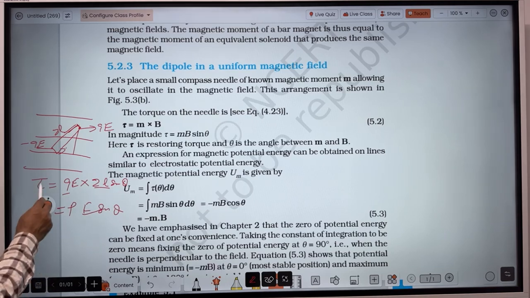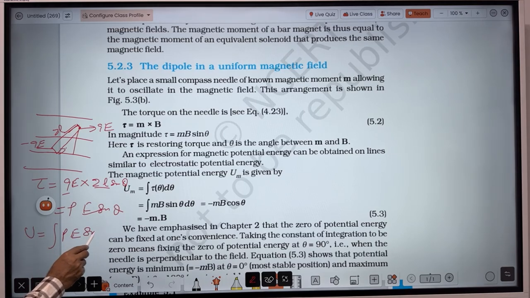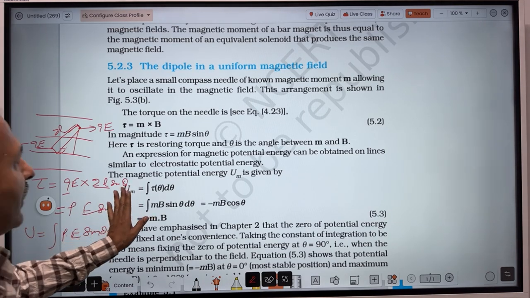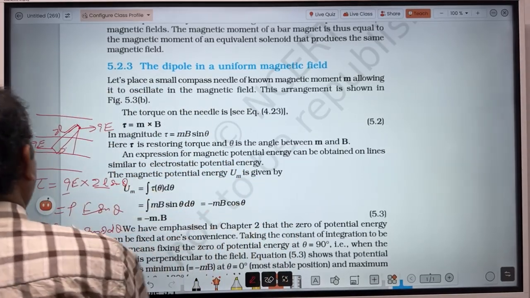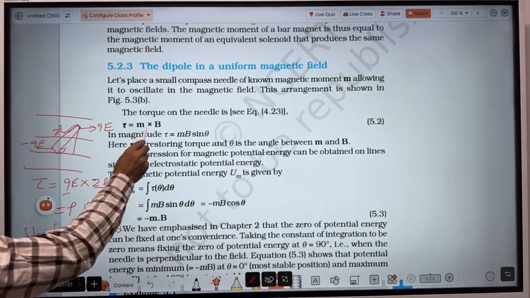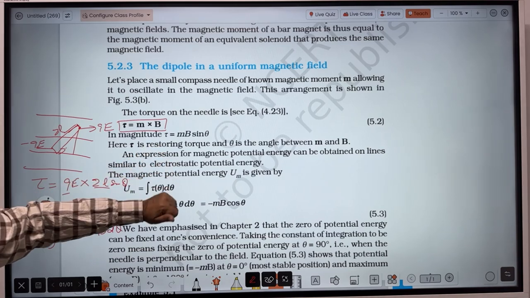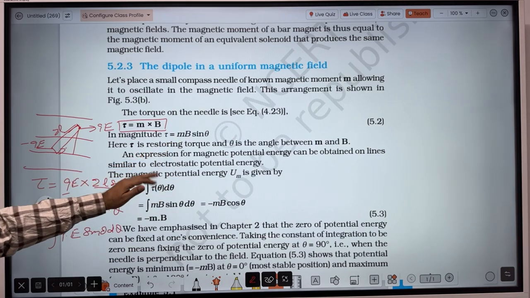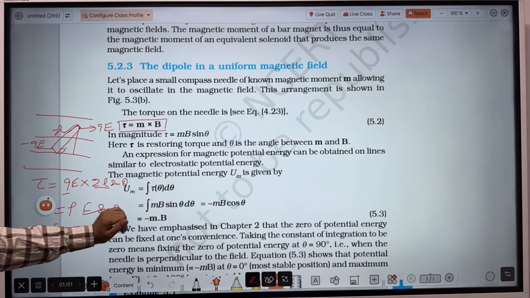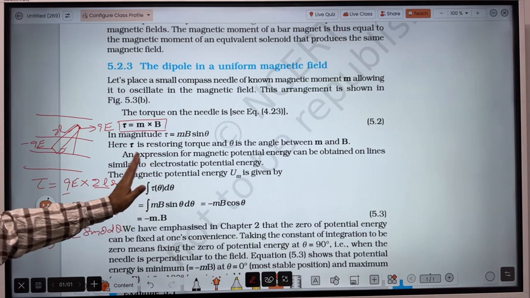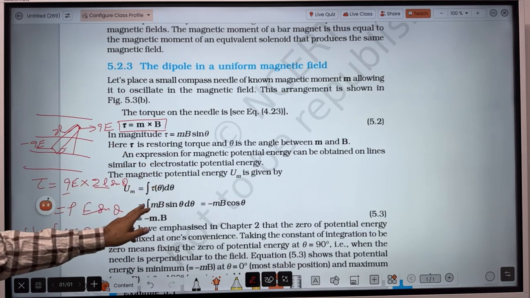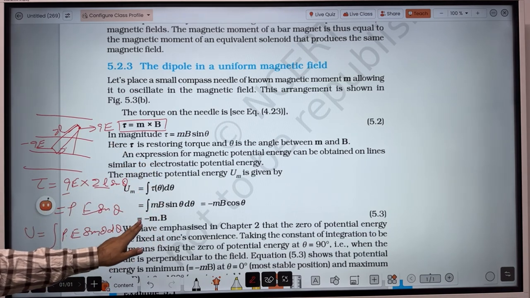So if we find potential energy here, we write this integration, PE sine theta d theta. In the same way here, torque, same as we have studied in case of electric fields, will be given by M cross B or MB sine theta. Now if we want to find potential energy, we rotate it through a certain angle and after that calculate its potential energy.